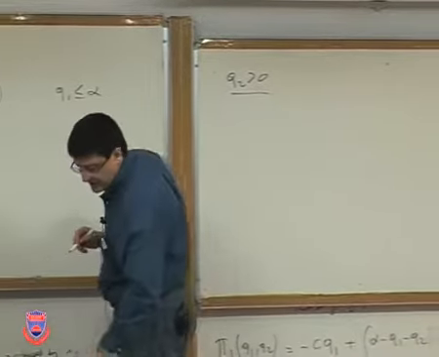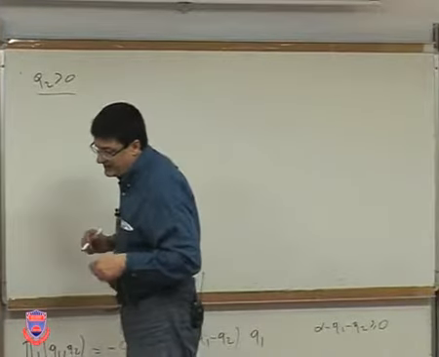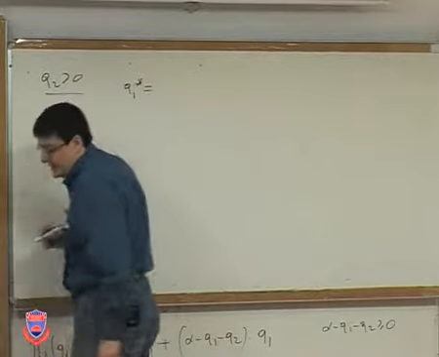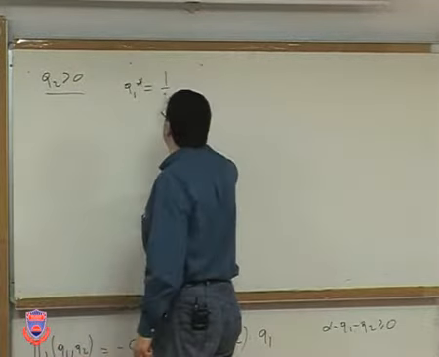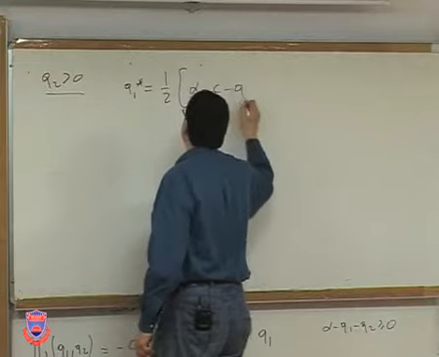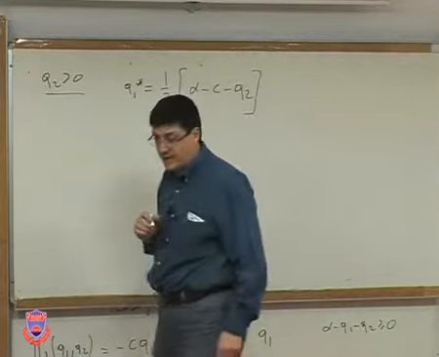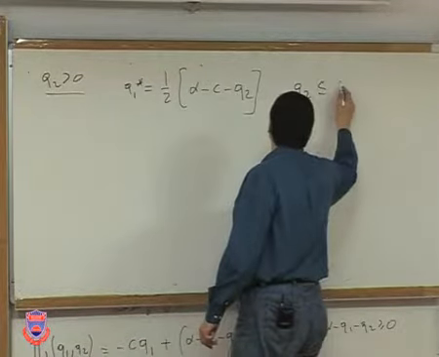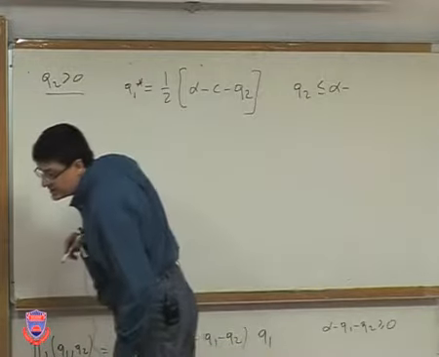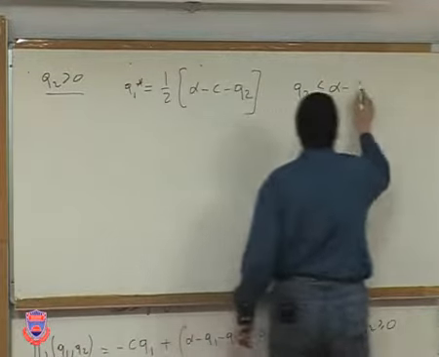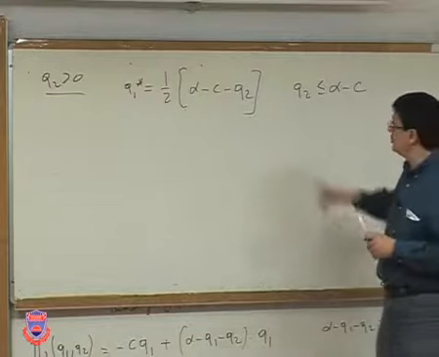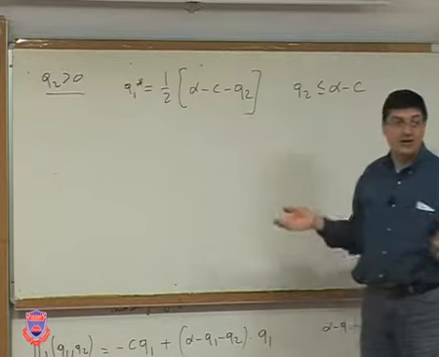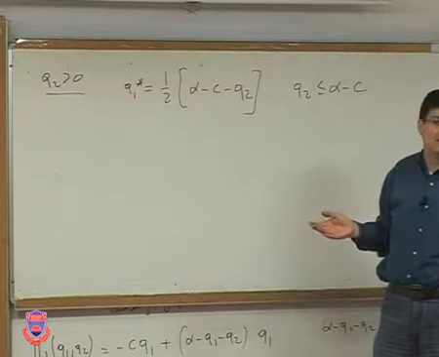Okay. Now, what happens if Q2 is positive? Then, of course, the function is still concave, but the limiting conditions are more important. So we are going to have Q1 star simply equal to 1 over 2 times (alpha minus C minus Q2). And this is only true if Q2 is less than or equal to alpha minus C. In other words, if Q2 is alpha minus C or larger, of course, then I'm not going to do any manufacturing.